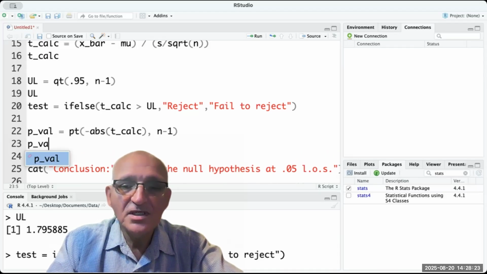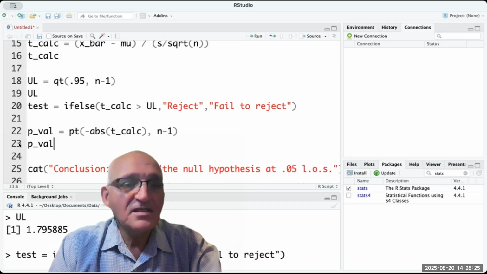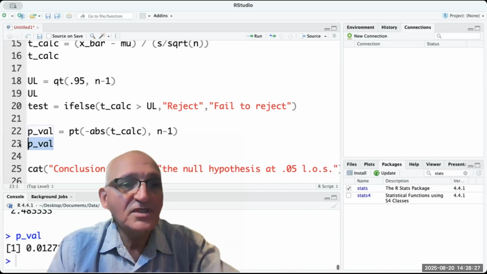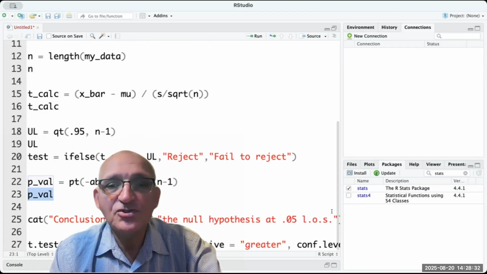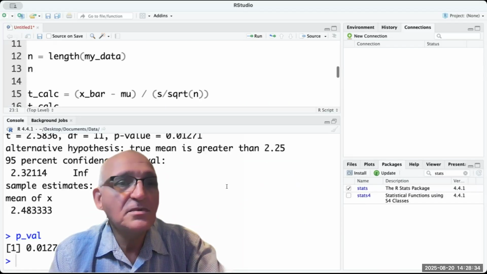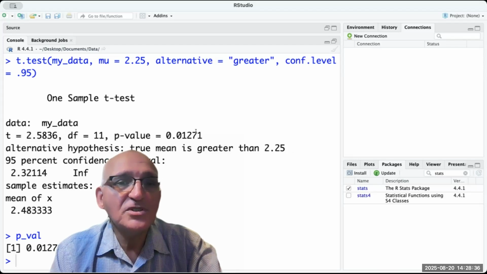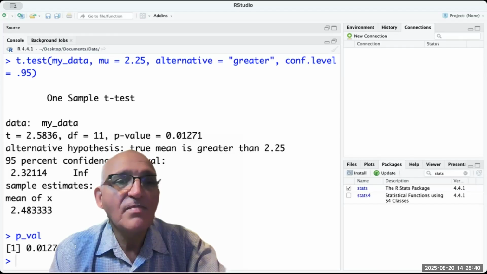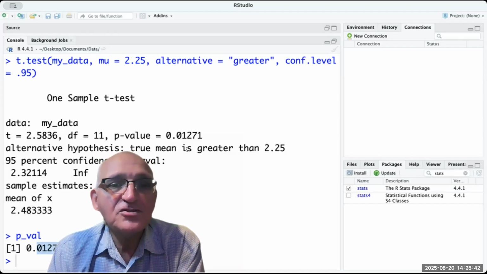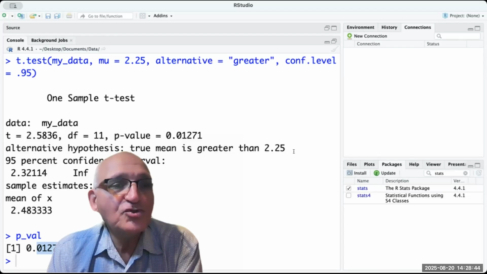So p-value, let's only run this line and see what we get. Absolutely the same number, 0.01271. Alternative hypothesis, the true mean is greater than 2.25.